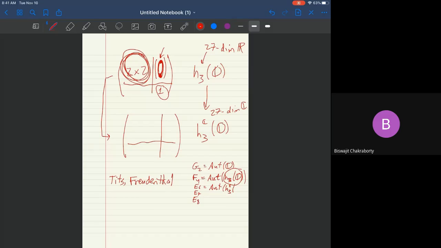But there's some process here where if we just take the real exceptional Jordan algebra, we get F4. If we combine the complex numbers with the octonionic exceptional Jordan algebra, we get E6. Then if we take the quaternionified version, we get E7, and the octonionified version, we get E8.